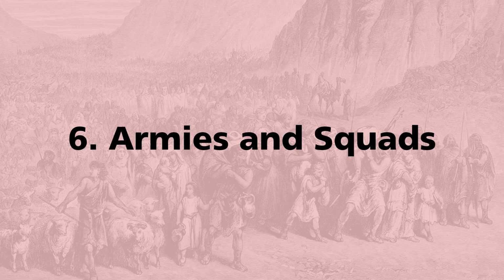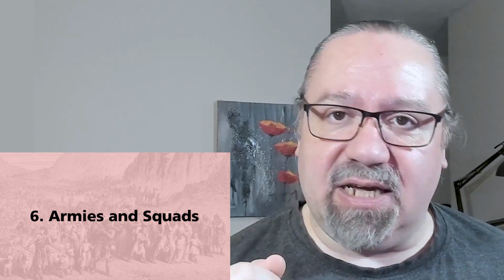The sixth interpretation we'll be talking about here is armies and squads. Now, the next 4 views are going to look at the semantic range of the word elef, or thousands, and the extended meaning of hundreds and tens. And if you were to look at elef in, say, a modern lexicon like HALOT, you see a wide semantic range for the meaning of the word elef.